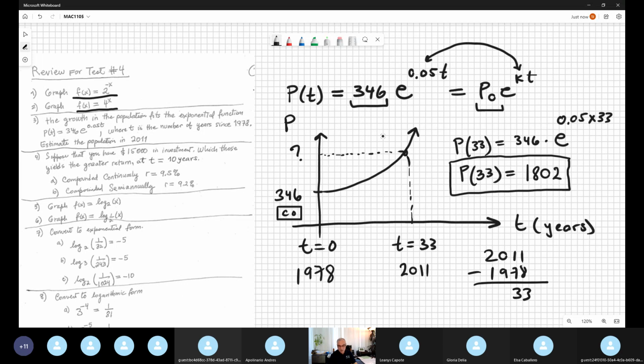Si you round down, underestimate, o sea, you suppose que es 1,801, it's okay also. You are close. Okay? It's not critical. The critical is the formula and determine the interval in between 2011 and 1978, que is 33 years, and that's it. Cool? Yes. Okay.